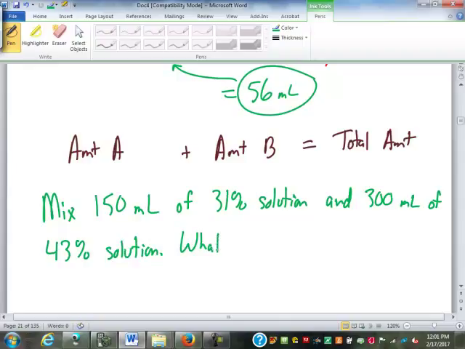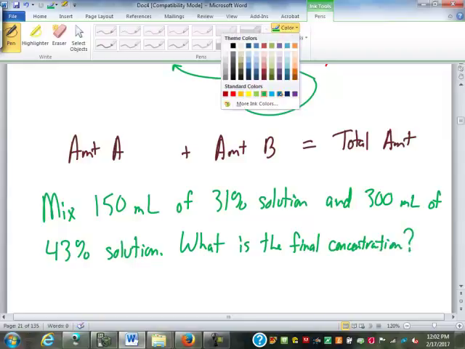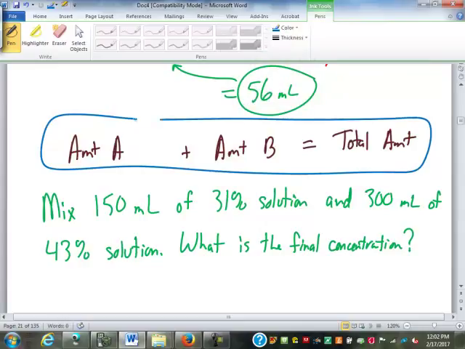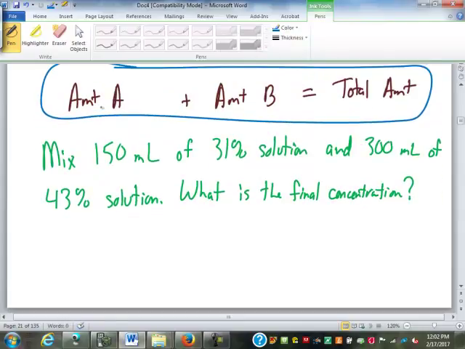What is the concentration? So what is the final concentration after we mix? Well, we're going to be looking at this right here. Amount A plus amount B has to equal the total amount. Well, the amount of serum, remember, is the concentration times the volume.